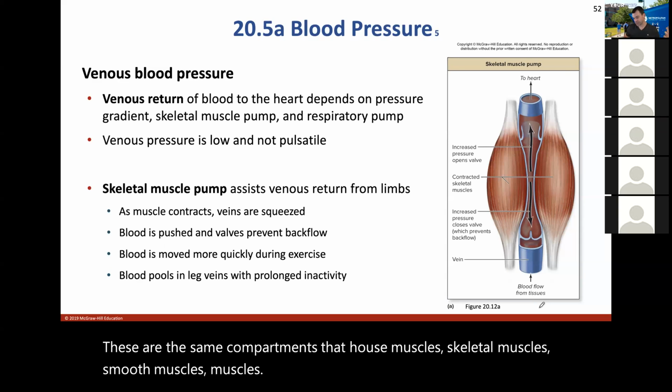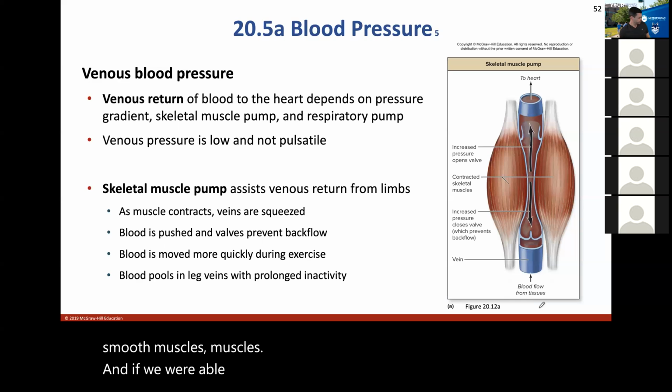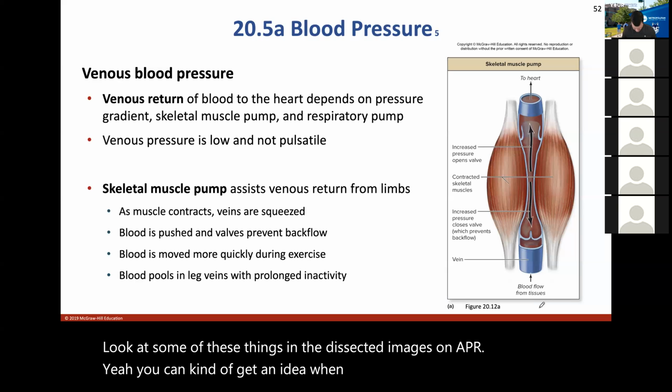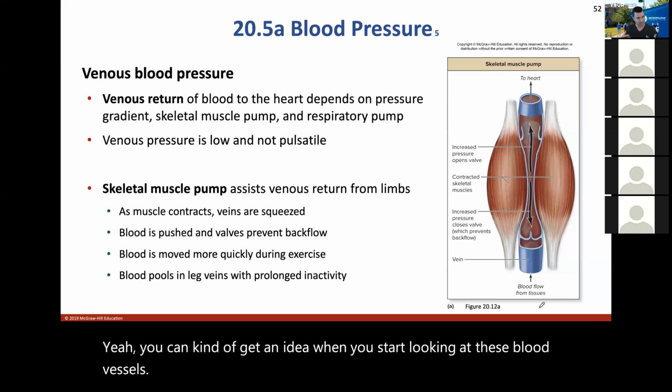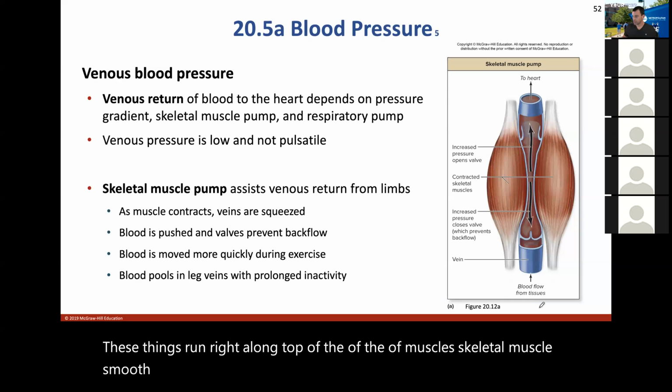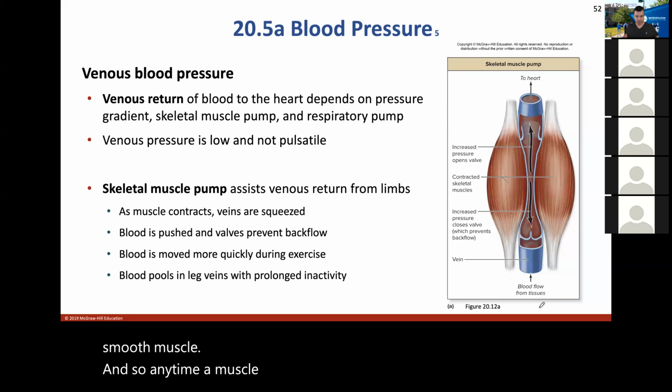And if we were able to look at some of these things, well, in the dissected images on APR, you can kind of get an idea when you start looking at these blood vessels. These things run right along top of muscles, skeletal muscles, smooth muscle. And so anytime a muscle contracts, it's going to push against those blood vessels.